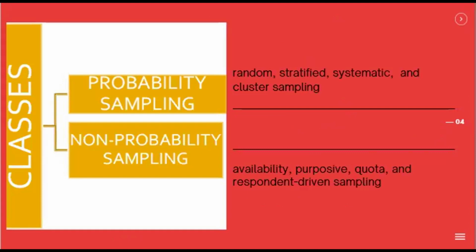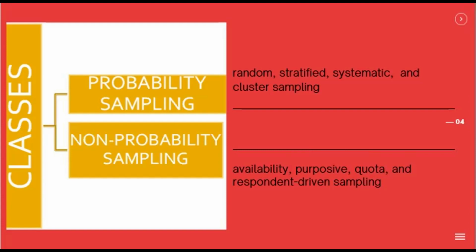We have two classes or types of sampling method: probability sampling and non-probability sampling. Probability sampling describes each population element that has a known or non-zero chance of being chosen. Types of probability sampling are the following: random, stratified, systematic, and cluster sampling.